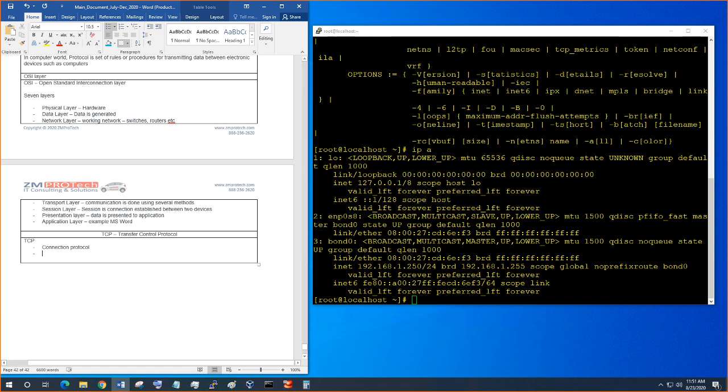It's using the data layer and network layer, and it uses the transport layer and application layer.